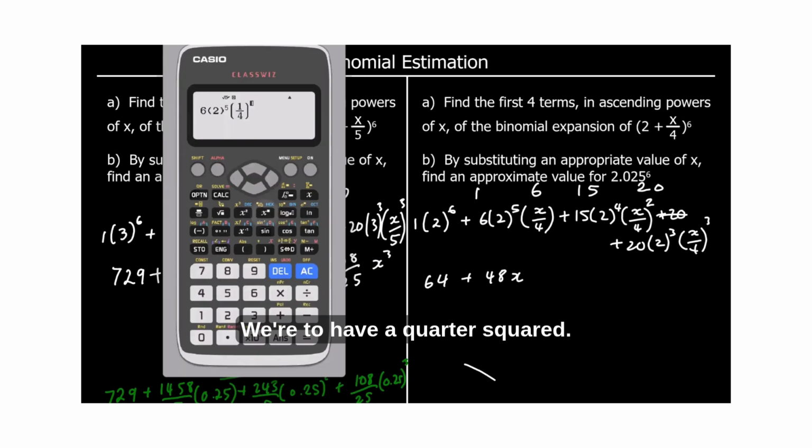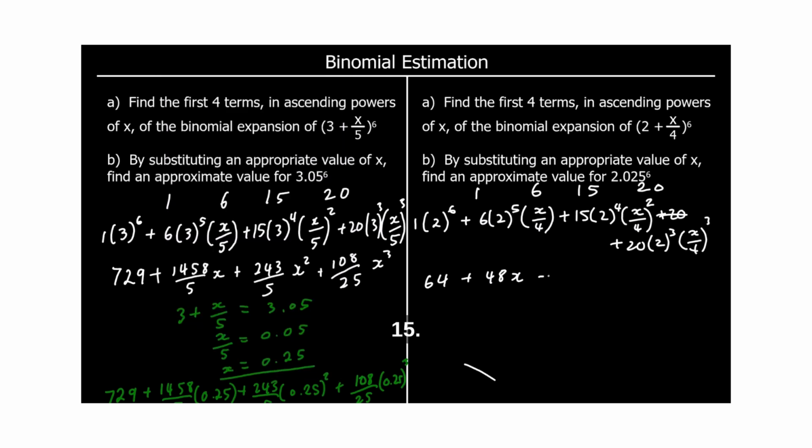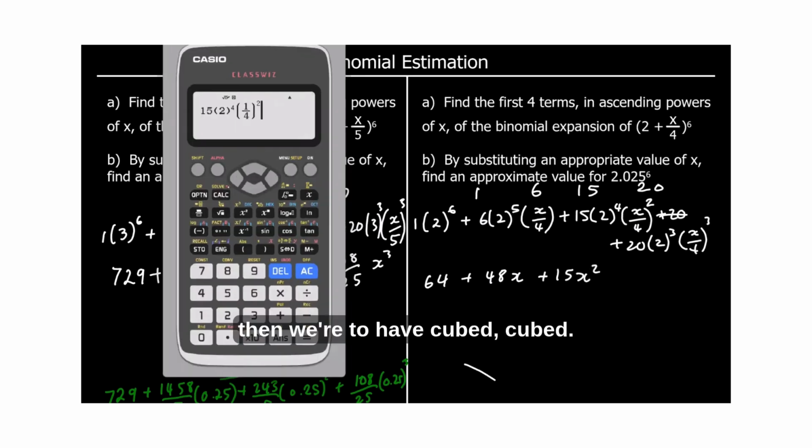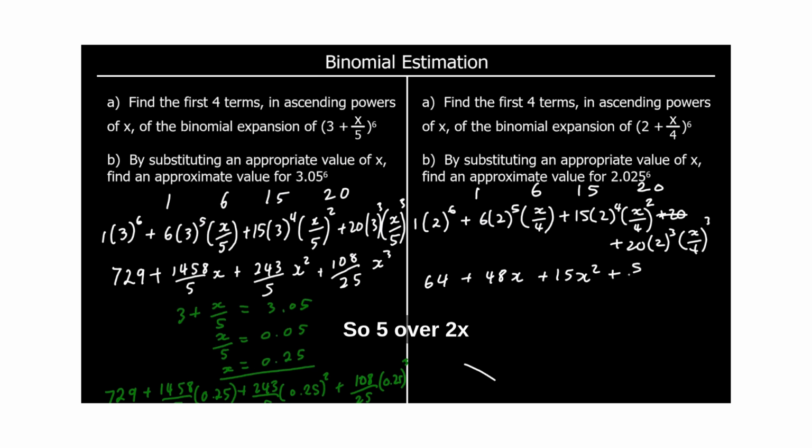We're going to have a quarter squared, 2 to the power of 4, a coefficient of 15 for the next term, that's 15. So 15x squared. And then we're going to have cubed, and 20, which is 5 over 2. So 5 over 2 x cubed.